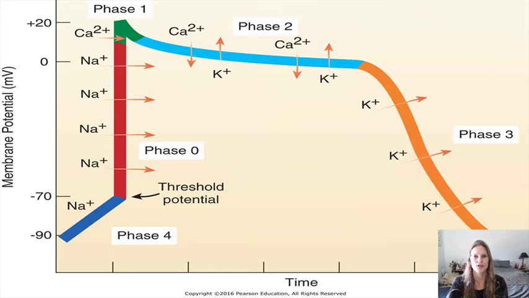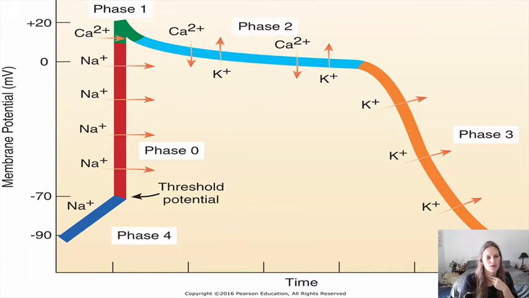All right, so I want to review this picture with you, which looks at the phases of the cardiac action potential. You see a couple of different phases, and these are illustrated in your textbook as well.